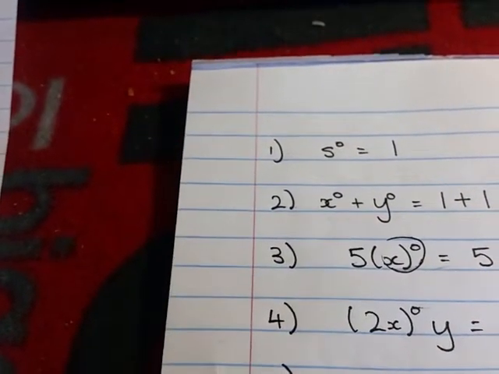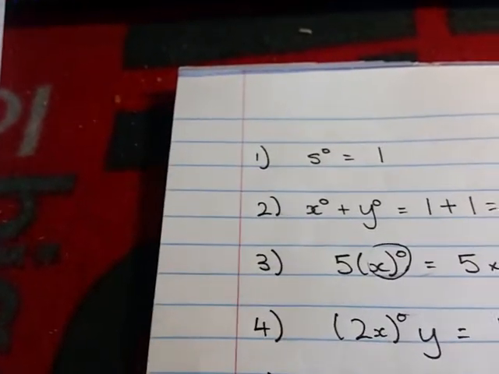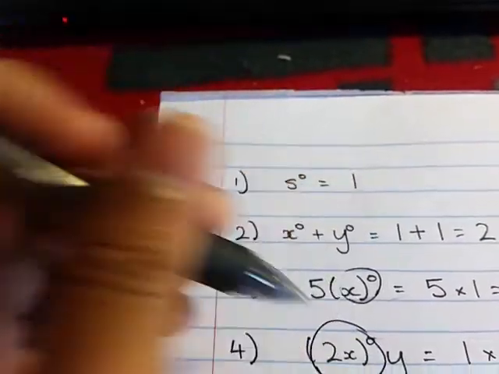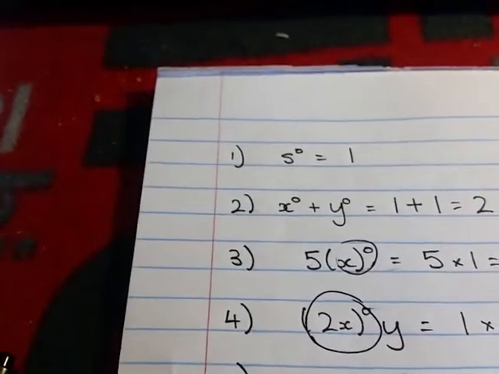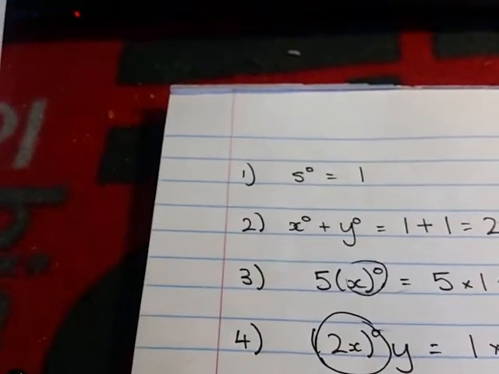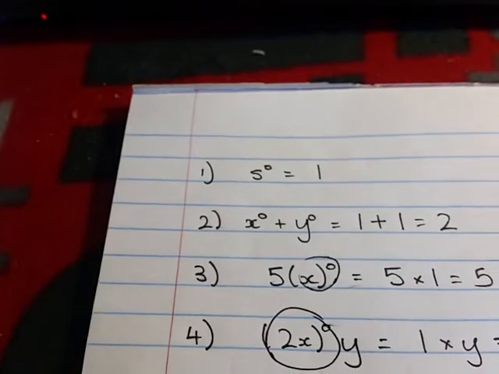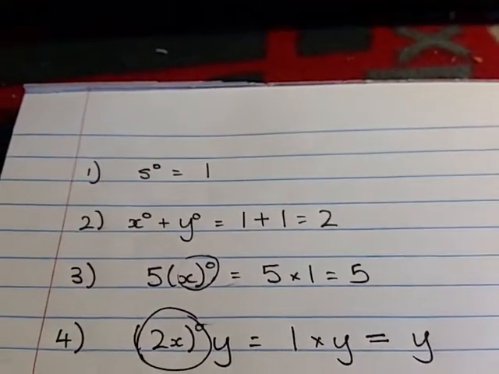Fourth, 2x in a bracket being raised to the 0 times y on the other side. All this in the bracket is being raised to the power 0. Therefore, all that in the bracket gets turned into a 1, with the y being multiplied afterwards. So your final answer, 1 times y, is simply y.